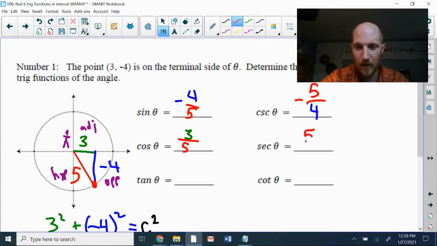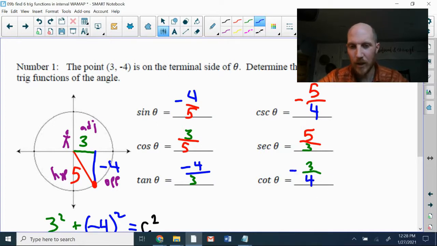It's going to be 5 over 3. Next, we've got tangent. It's the opposite over the adjacent, so negative 4 over 3. And cotangent is the reciprocal. So I'm going to have the 3 on the numerator and 4 as my denominator. I'm going to put that negative sign out in front of the whole fraction, so I don't have a negative denominator. And then we can check our signs, which ones are positive and which are negative.